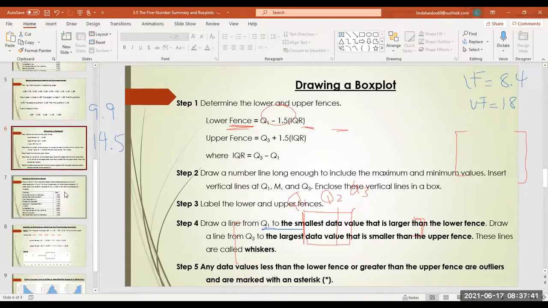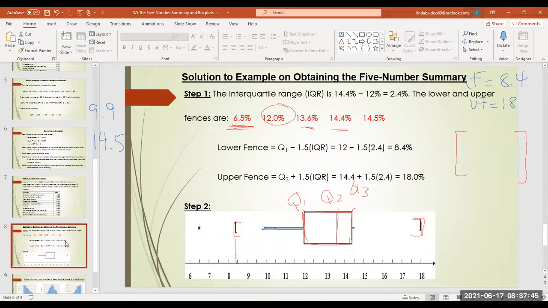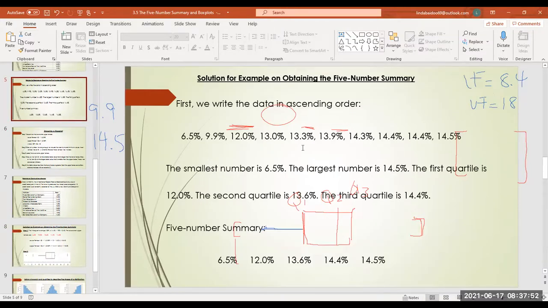So we go back to our original data set and then we check to see if we have any data value which is less than 8.4. So this is our original data set. You can see from here that we have a value which is lower than 8.4. Any value which is smaller than the lower fence is considered an outlier.